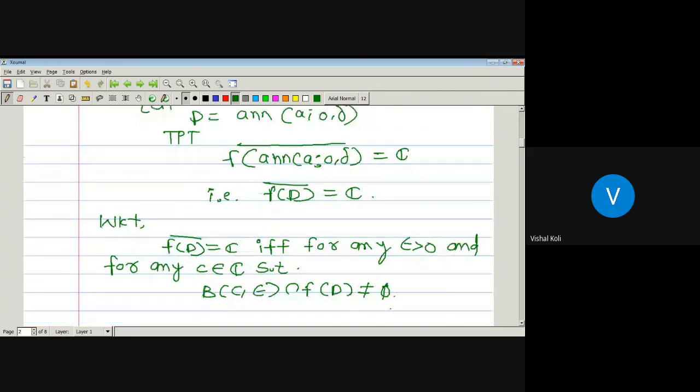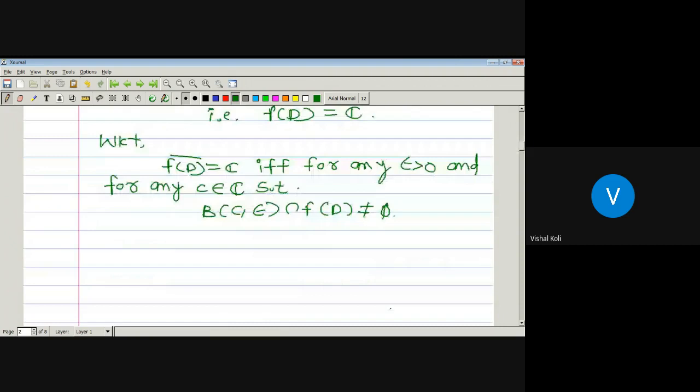Since the closure of f of D will be equal to C, each point of C is either a point of f of D or a limit point of f of D. So as the open ball about c of radius epsilon intersection f of D is not equal to phi, it means it is non-empty. So let us take u as any point belonging to this intersection.